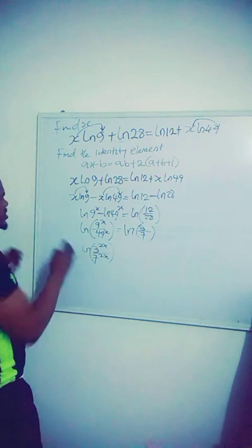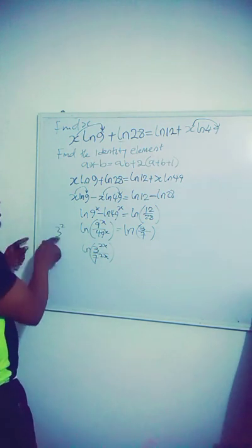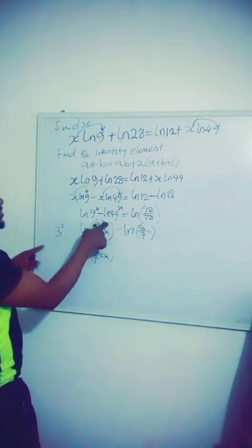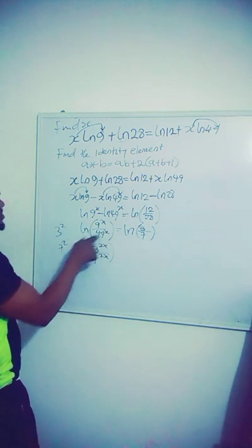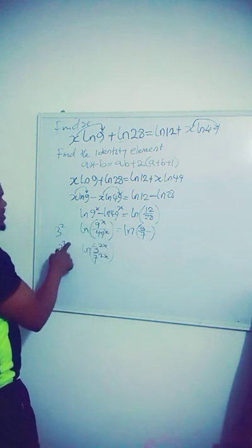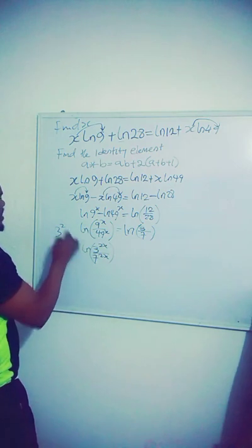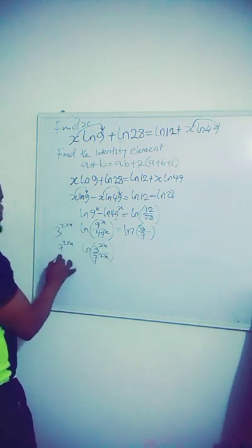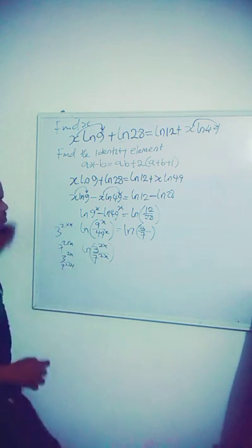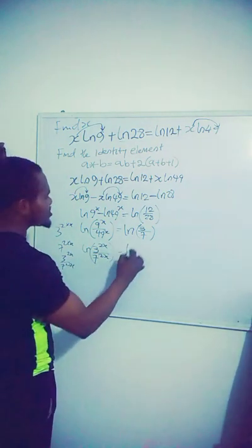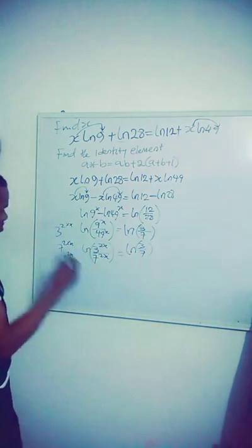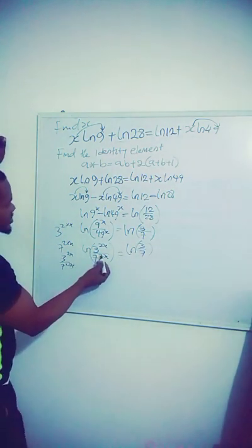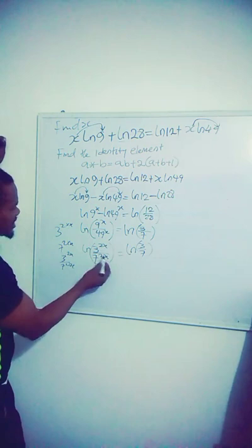You know, 3 squared is 9, and there is 2 at the power. 7 squared is 49, and there is 2 at the power. So it's multiplied by x. That is why I have 3 to the 2x and 7 to the 2x. So that equals ln 3 over 7. Something is common. You can bring this and this together, they are the same.